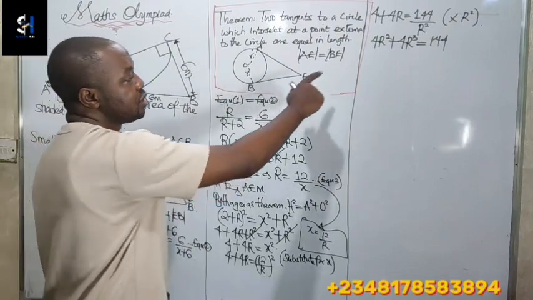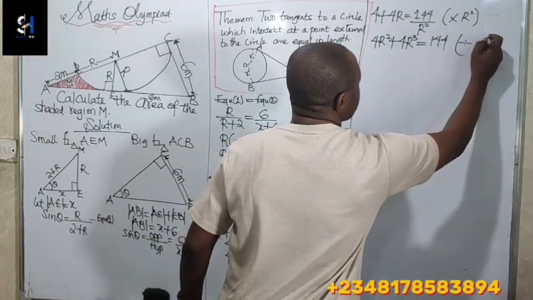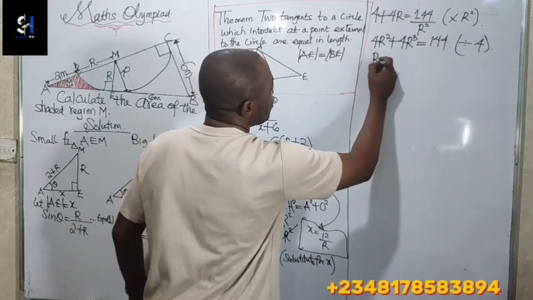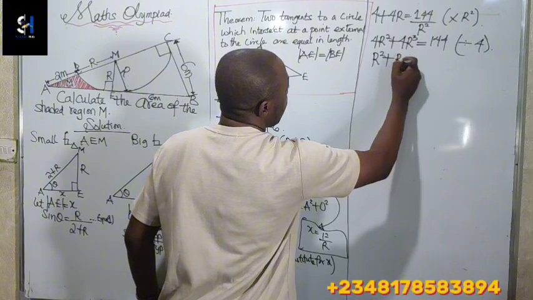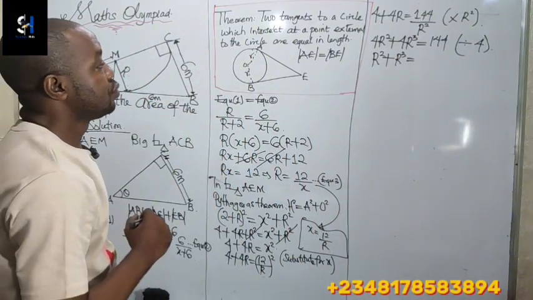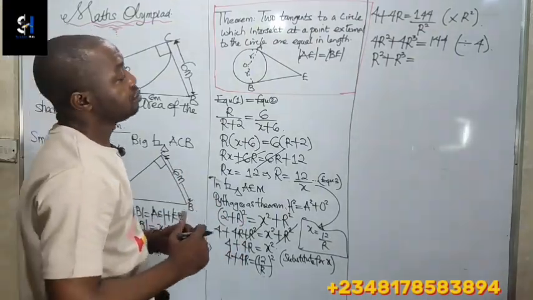Now we can reduce this equation by dividing by 4. When we divide this equation by 4, this will reduce to r squared plus r cubed equals, 144 divided by 4, that will be 36.